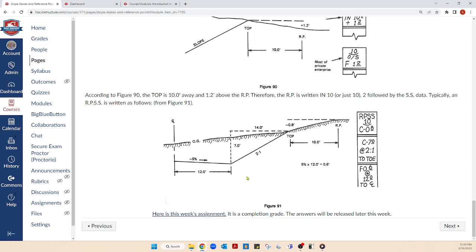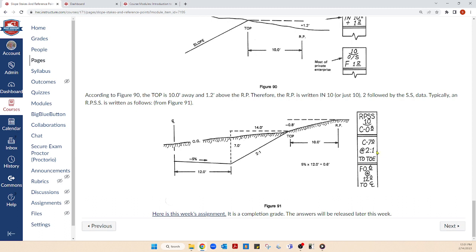And it's wanting to get a 5% fall. So let's take the vertical of 6/10, 0.6, and divide it by the horizontal of 12 equals 0.05. Multiply that times 100 equals 5%. So these two stakes take us to the center line.